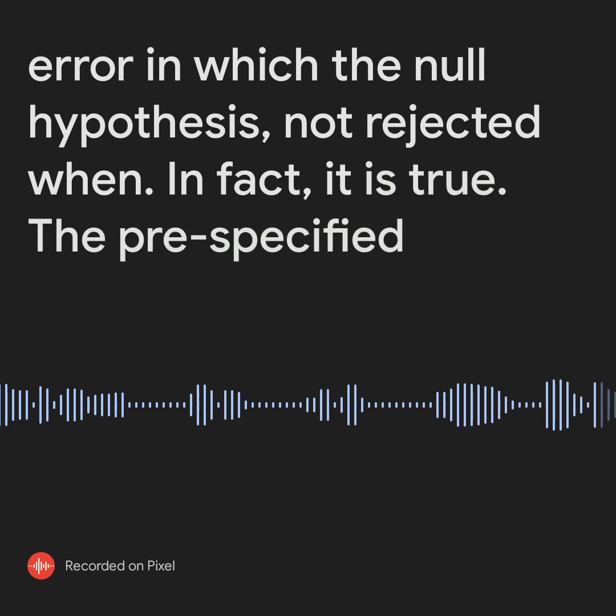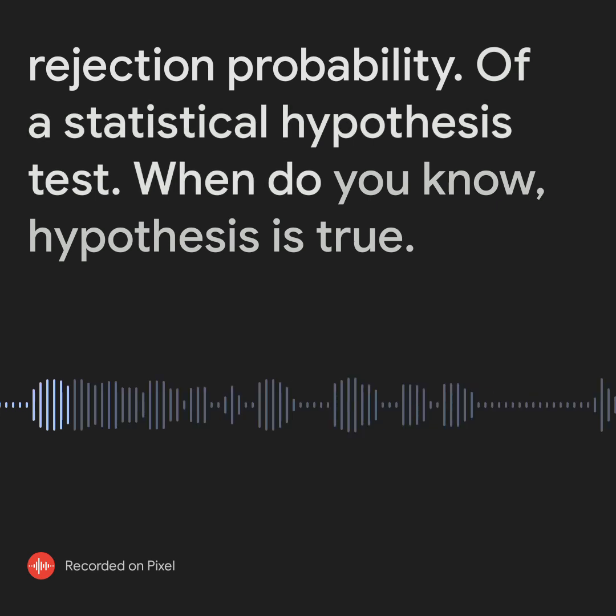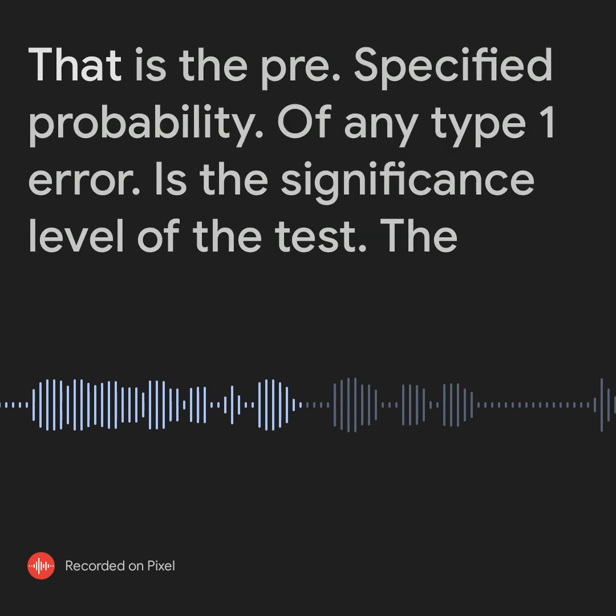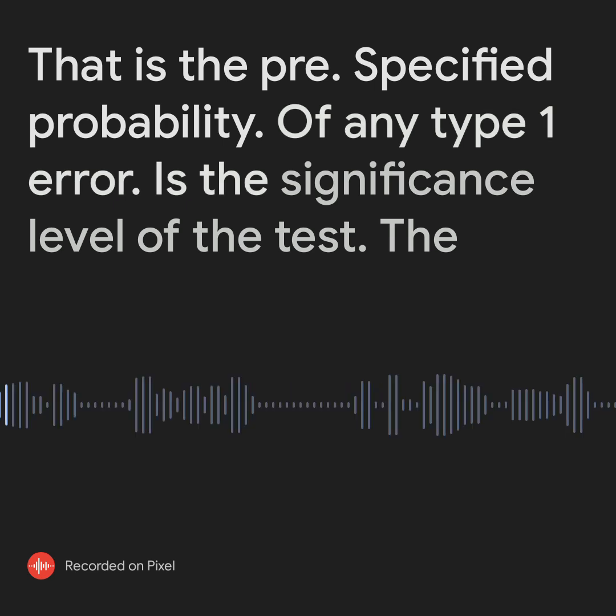The pre-specified rejection probability of a statistical hypothesis test when the null hypothesis is true, that is, the pre-specified probability of a type 1 error, is the significance level of the test.